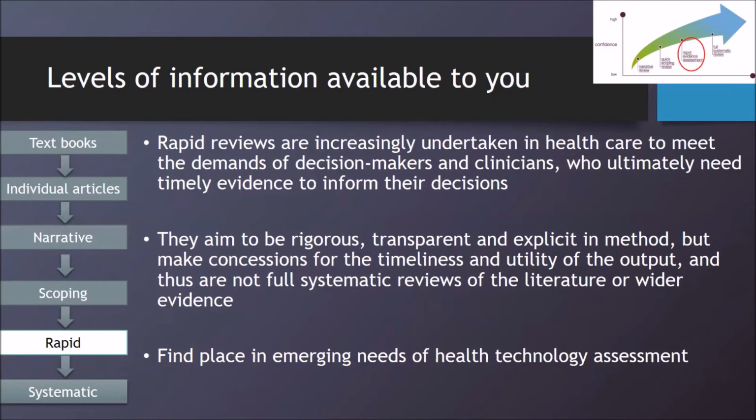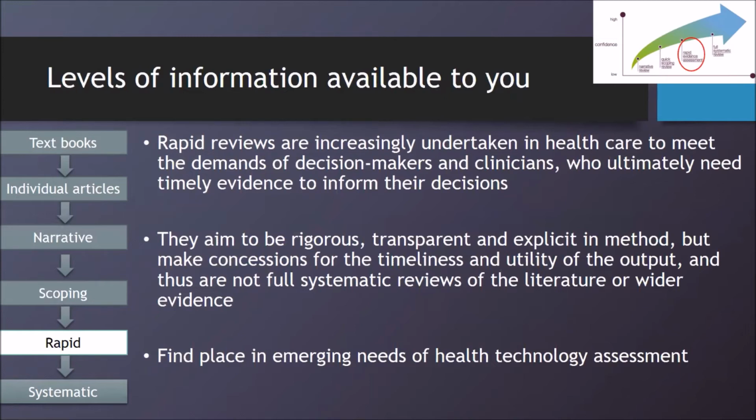Now, these reviews are increasingly popular in healthcare, where funding is granted on a competitive basis, or when the body of researchers is required to take decisions quickly in order to reverse, like I told you, epidemiological mishappenings. And rapid reviews also aim to be rigorous. They are transparent, they are explicit in method, but make concessions for timeline and utility of the output.